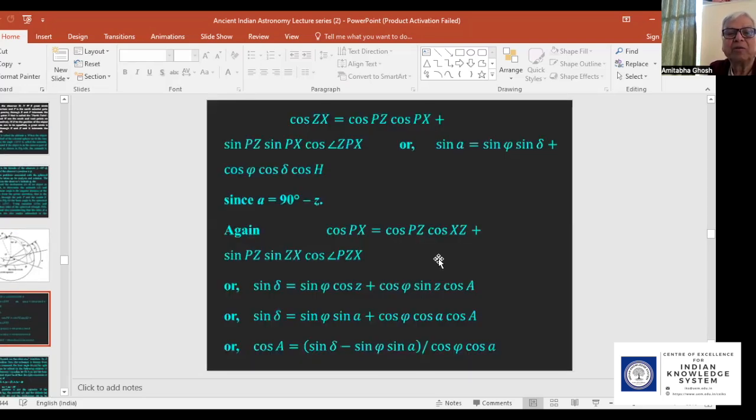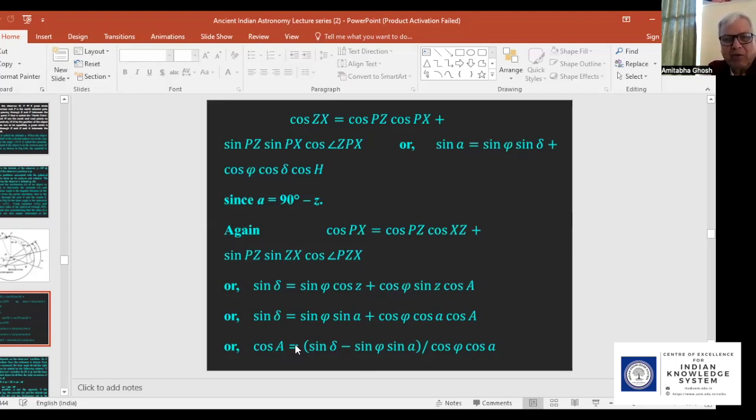Now, these are the same thing, just what we have done. You can see cosine A with this. So when you are given the equatorial coordinates, delta and the hour angle, then how do we find the coordinates in the horizontal system?